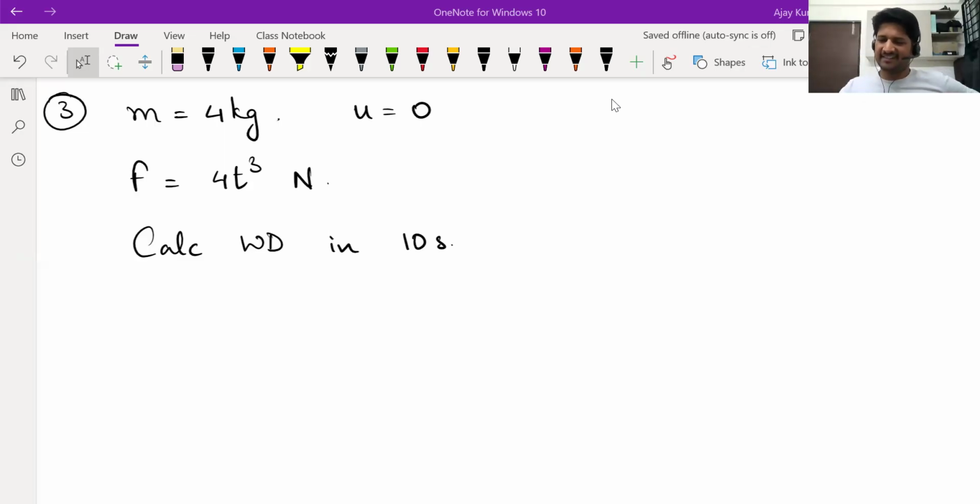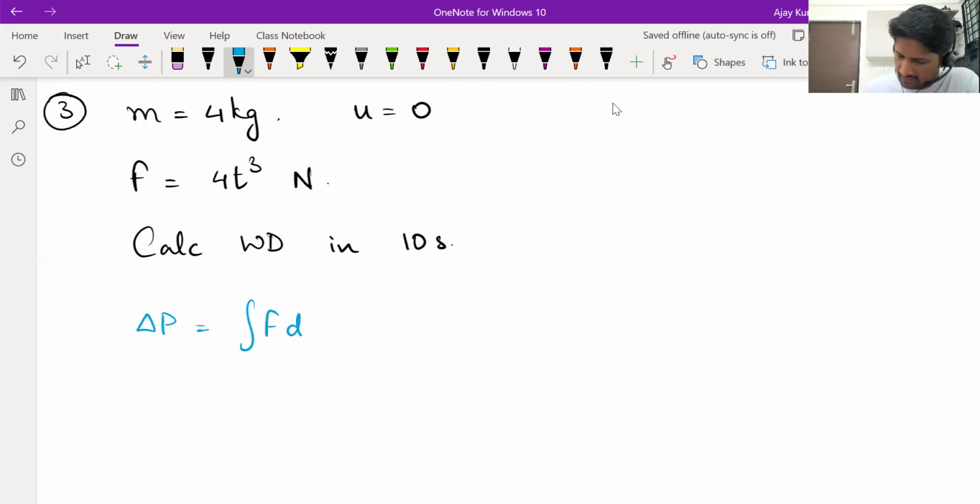Okay, let's see. Rishi, let's discuss. You gave an answer. So how did you solve? Sir, first m into v minus u is equal to 4t cube dt with limit 0 to 10. M into V minus U is change in momentum. So you are using delta P is integral F dt.